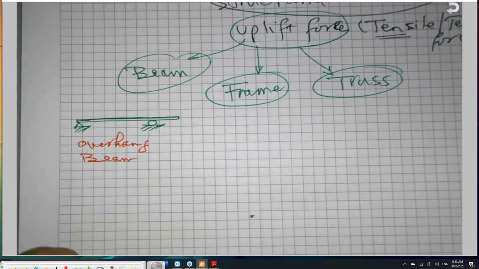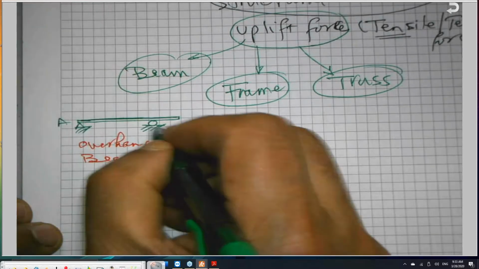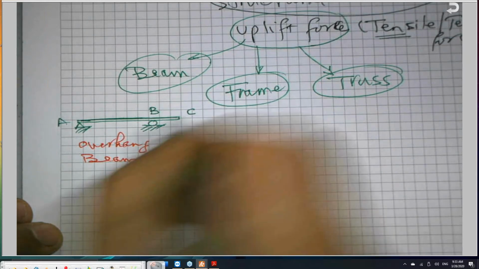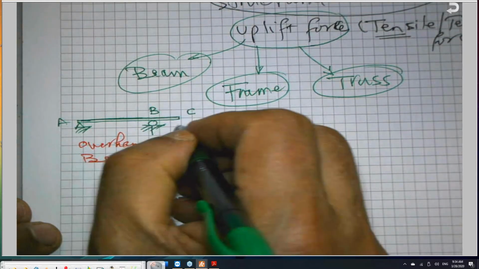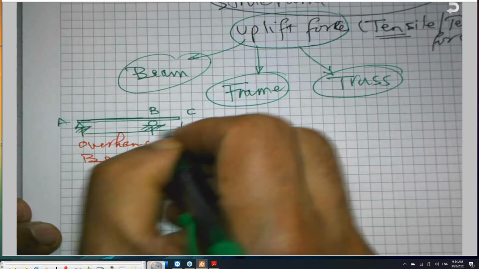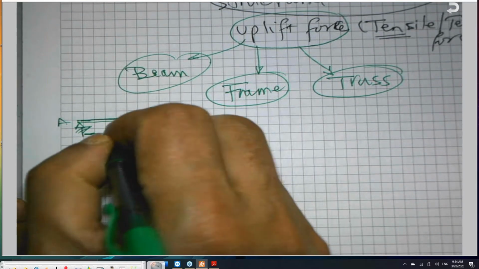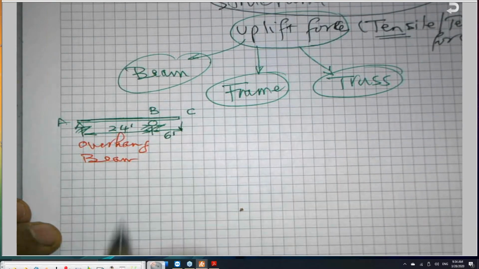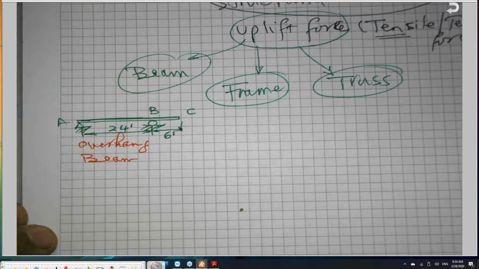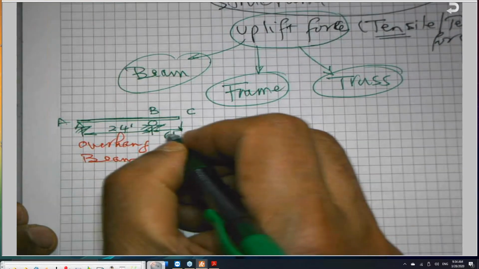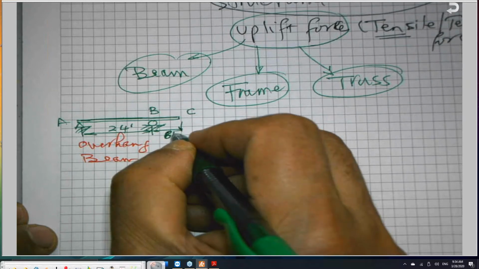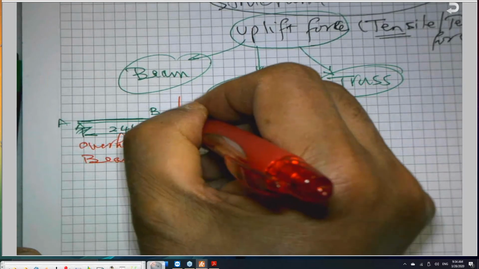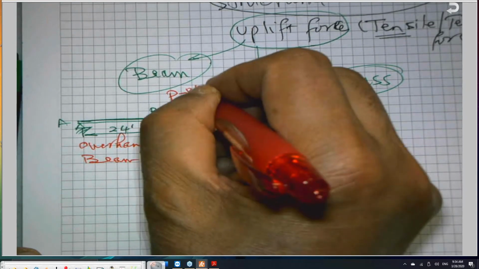So if this overhang beam has supports A, B, and C, and let's assume some dimensions to make more sense: this is 24 feet and this is 8 feet. And there is a concentrated load, P equals 8 kips here.